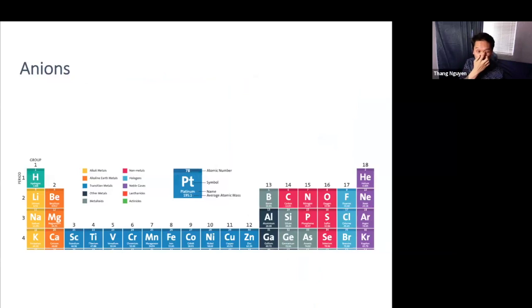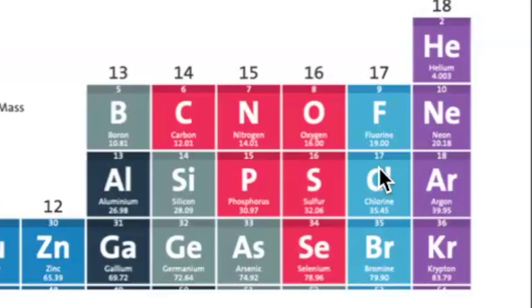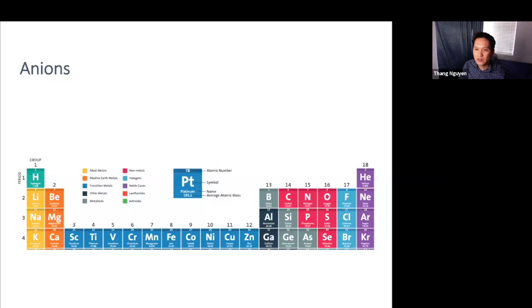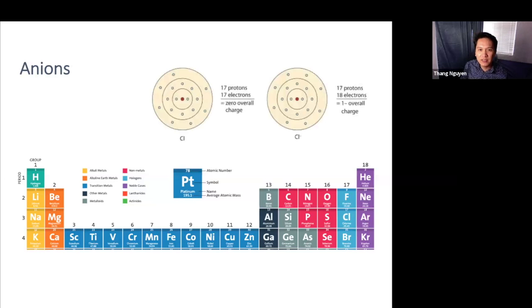Now let's take a look at the other ion, the anions. So for this example, let's take a look. The classic is chlorine. Chlorine is element 17, so it has 17 electrons. First 2 electrons on the first row, 8 electrons on the second row, and 1, 2, 3, 4, 5, 6, 7 electrons on the third row. So it has 7 electrons on the outermost shell.